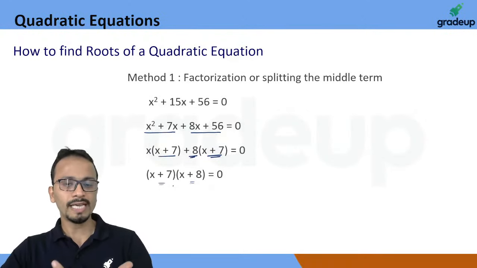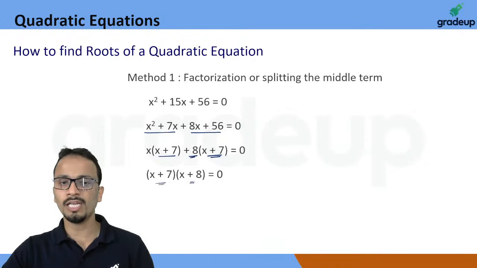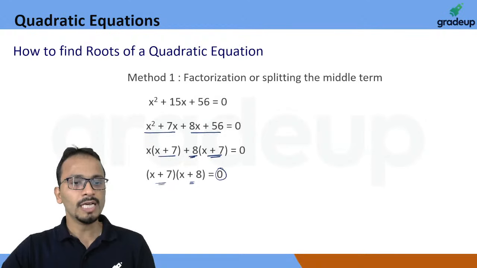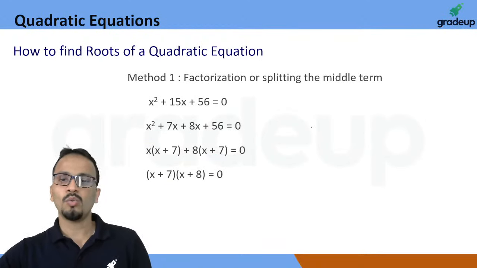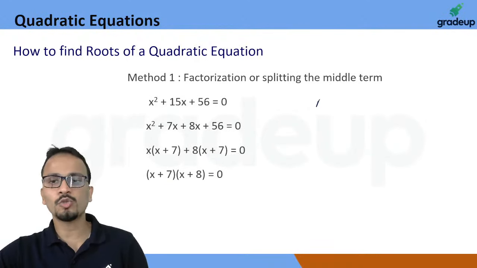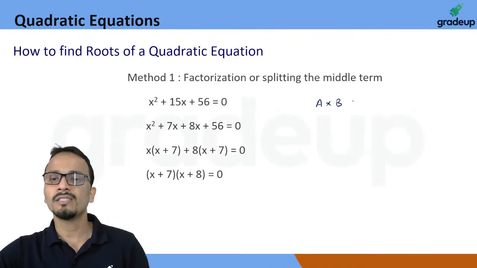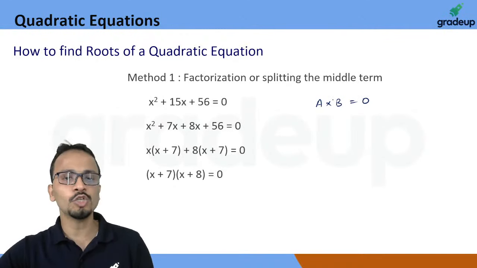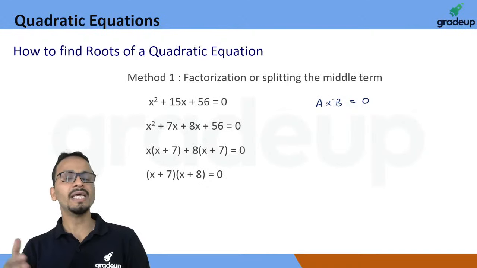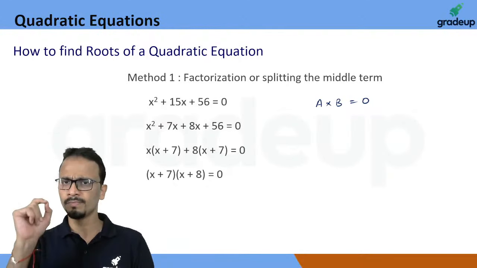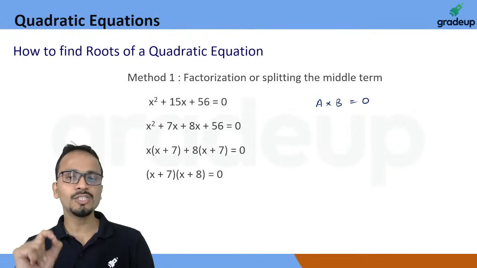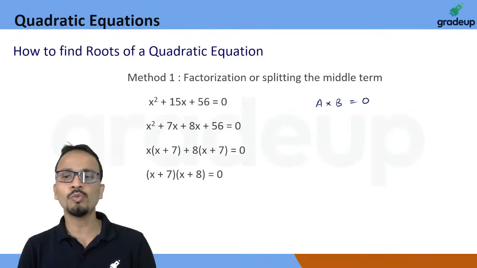Now this expression's product on the left hand side is equal to 0. Now friends, what is the situation when the product of two numbers is equal to 0? If I say that a into b is equal to 0, can we say that at least one of them will be equal to 0?